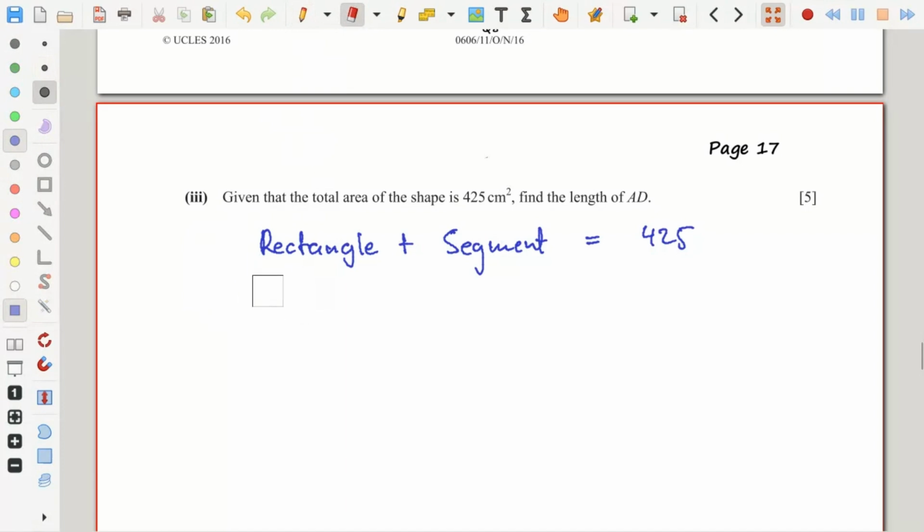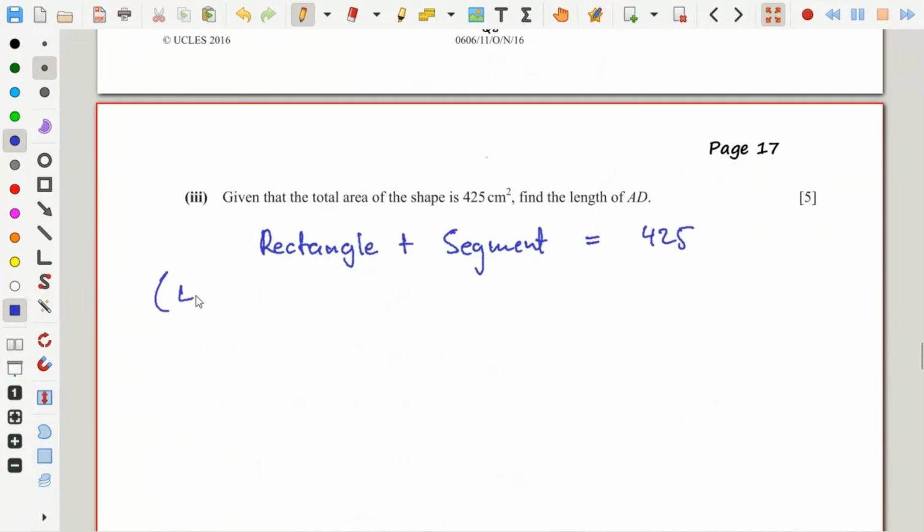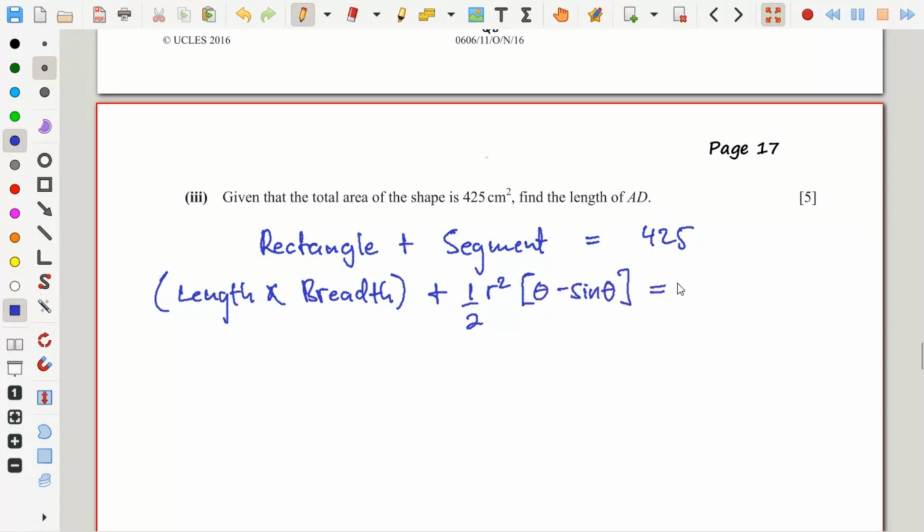Okay, I don't want to use the letters here because maybe we have some letters inside, so let me spell the actual word. Length times breadth plus that of the segment is half r squared into bracket theta minus sin theta is equal to.